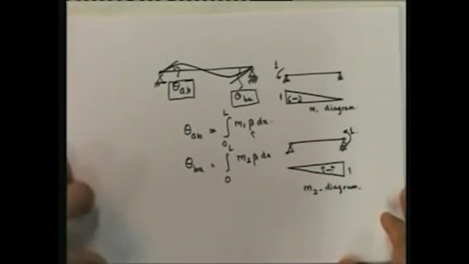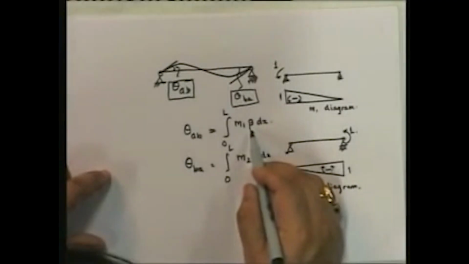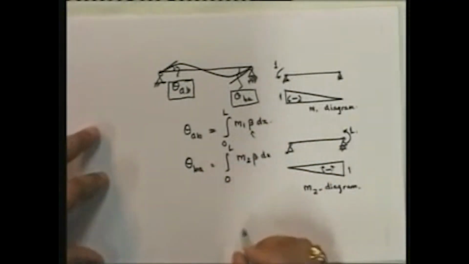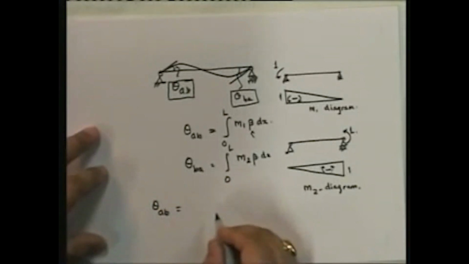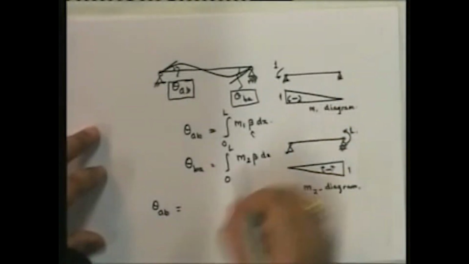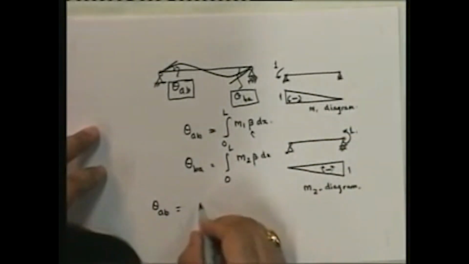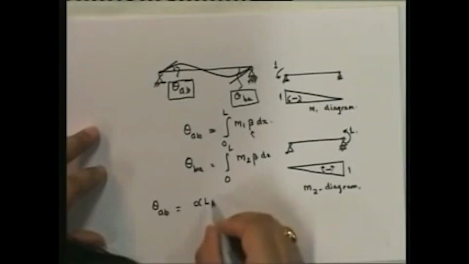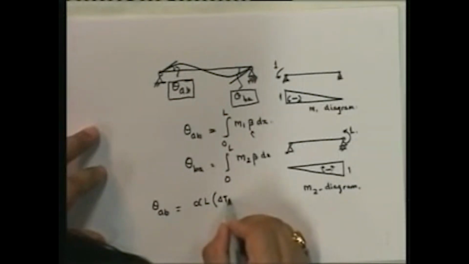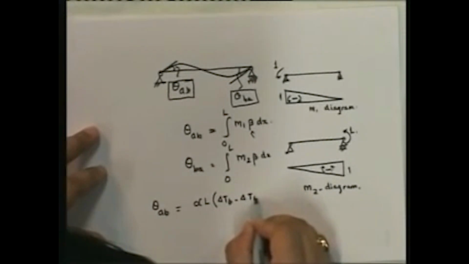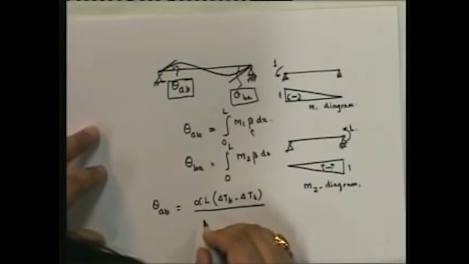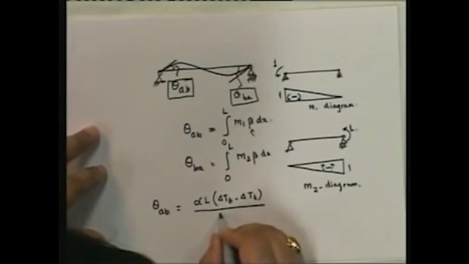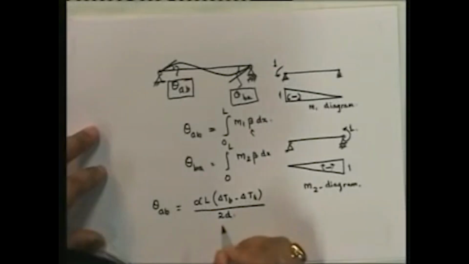So once that is done, this is a constant, so I just need to integrate M1 dx, and therefore I get theta AB is equal to area under the curve, L by 2, so it's going to be alpha L into delta T bottom minus delta T top upon d.